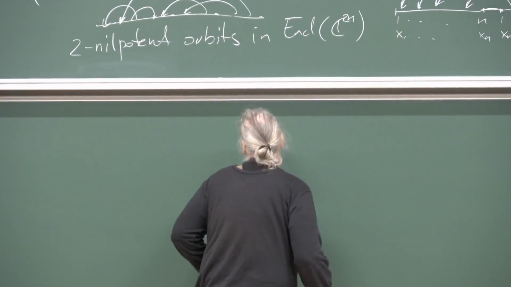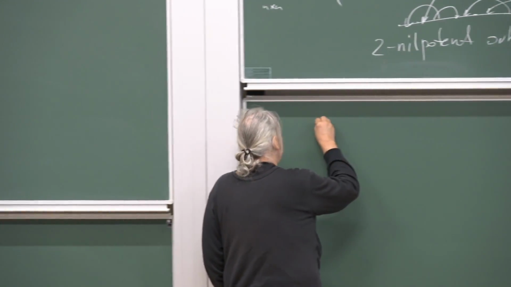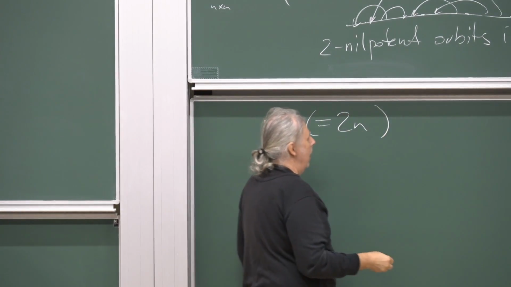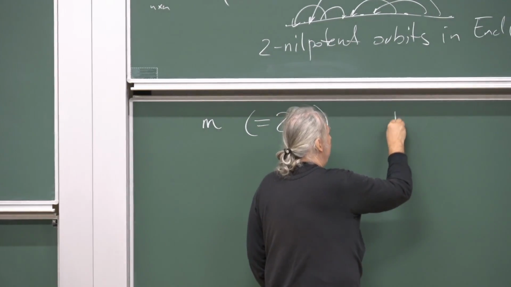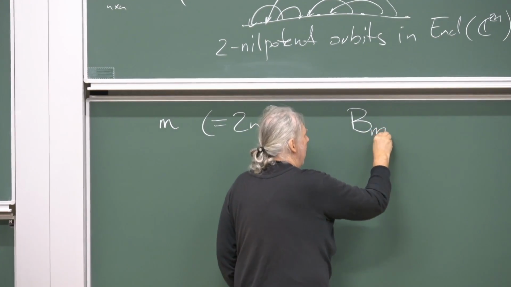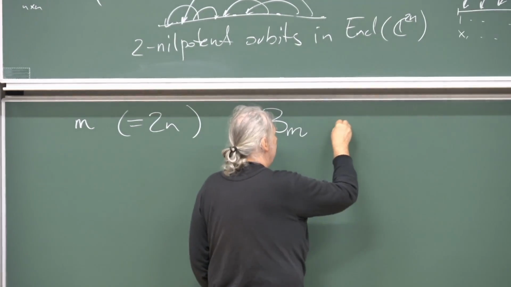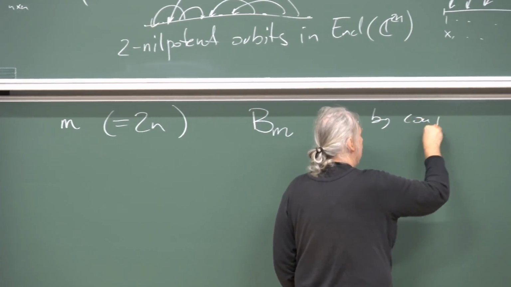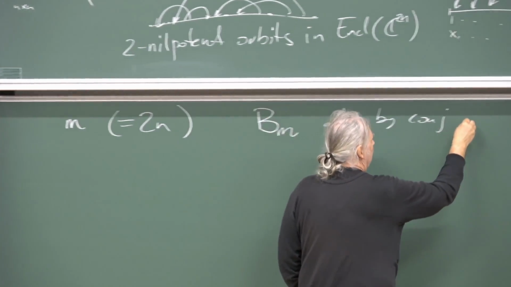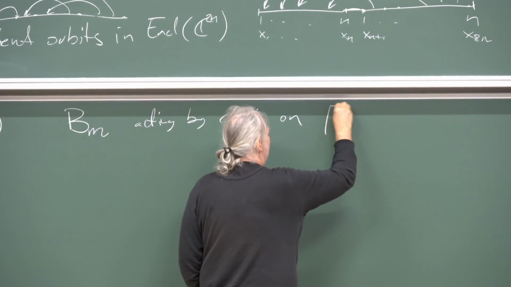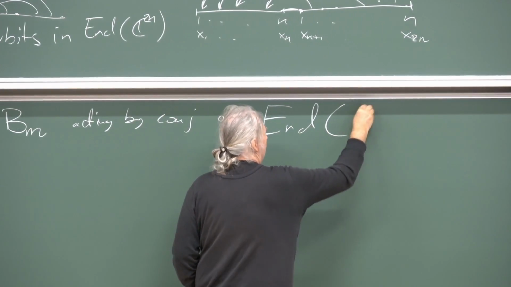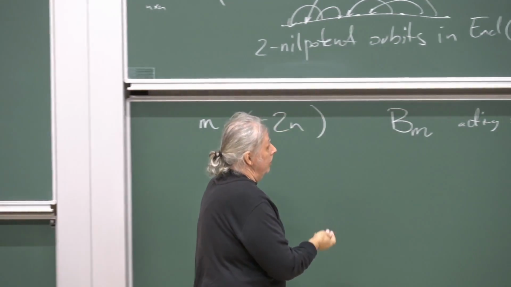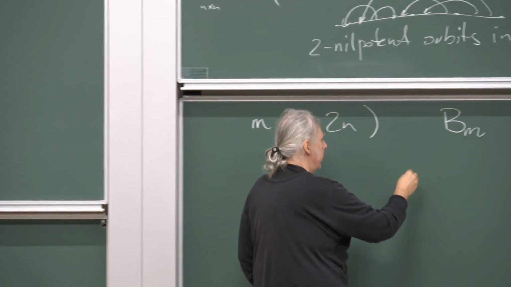So for characteristic classes, I take n, which previously was 2n, and I act with the Borel group of n-dimensional matrices, acting by conjugation on endomorphisms of Cn, and I take closures of orbits.